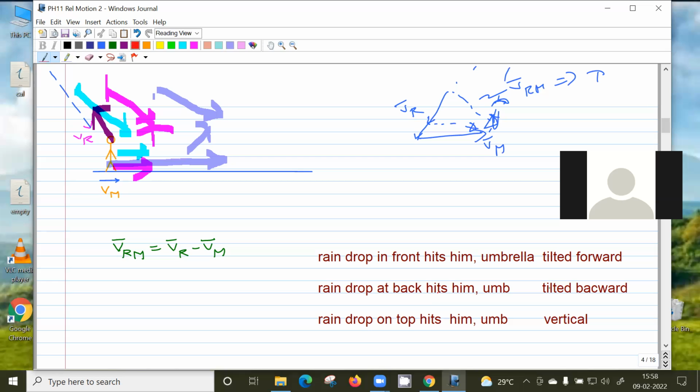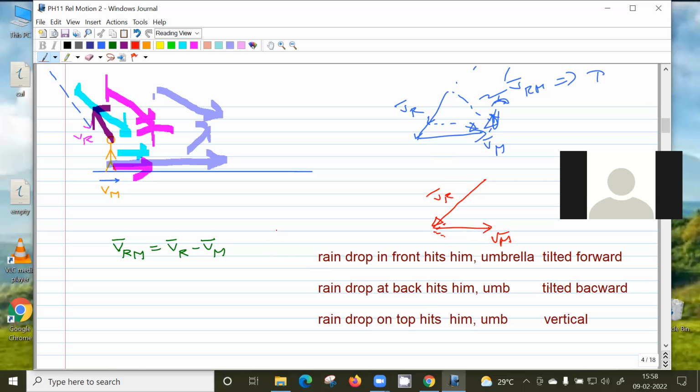Okay, I'll draw it again. See, this is the direction of VM, right? There is no confusion in that. Minus VM. This is the direction of VR. There is no confusion in that. So minus VM will be in this direction.